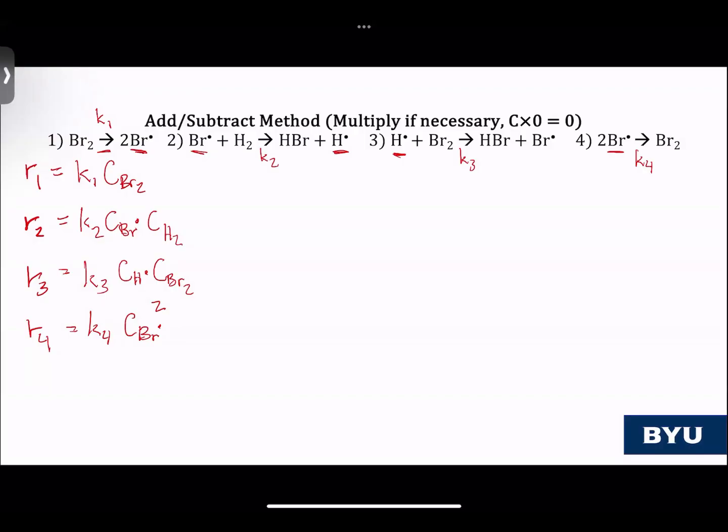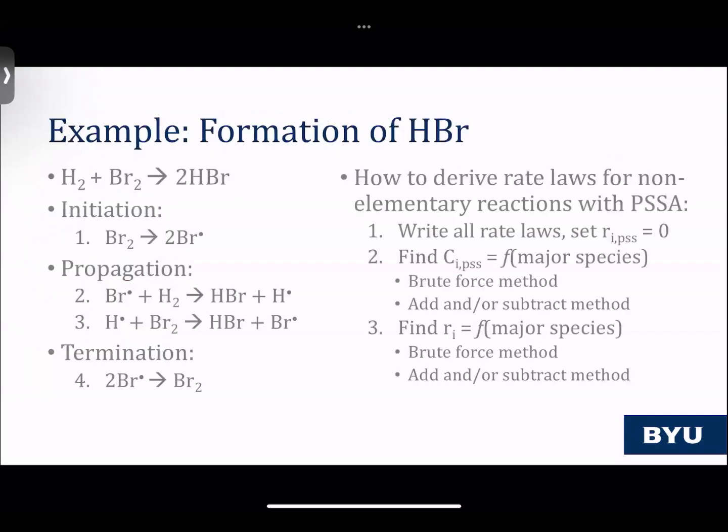Then for the add and subtract method, we're going to write out the rate expression for our pseudo steady state species. If we go back here, we want to write all rate laws, which we just did. Now we need to get to the part of setting our pseudo steady state species rates equal to 0.